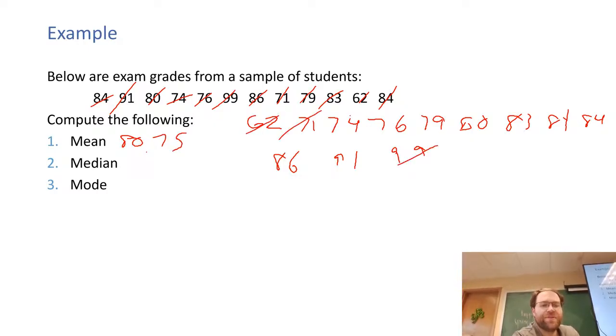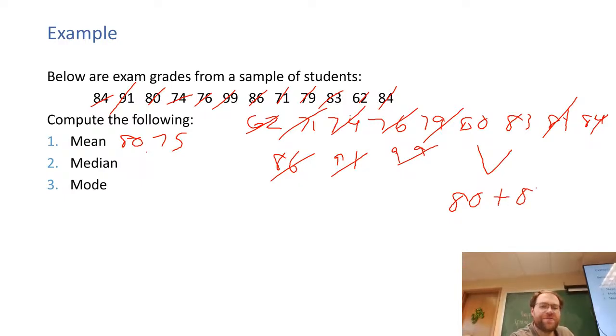So then if we cross out low, high, looks like we got 80 and 83 in the center. So then what do we do with those? Yep. Add those numbers up, divide by 2.